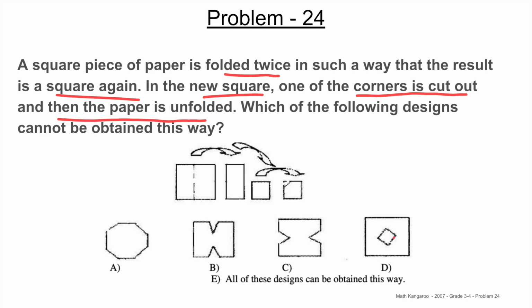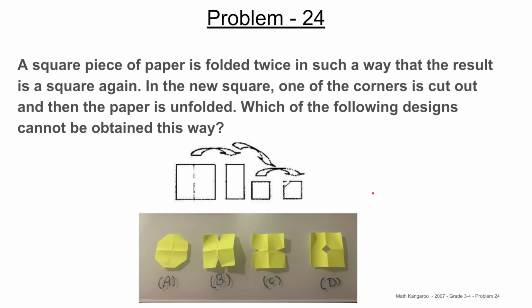So here are the cut squares of the paper design I have done. You can see that I have folded it and then cut the corners. Folded it, cut the corners from the center and then unfolded it, and I was able to obtain A, B, C and D.